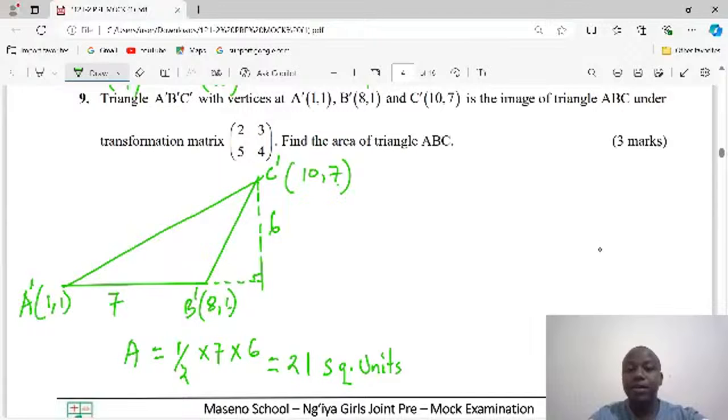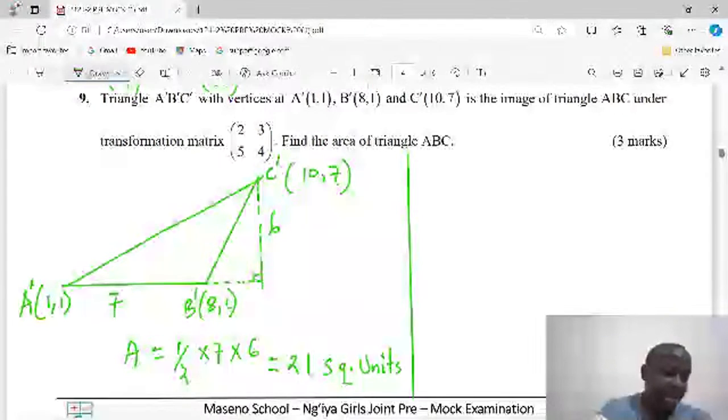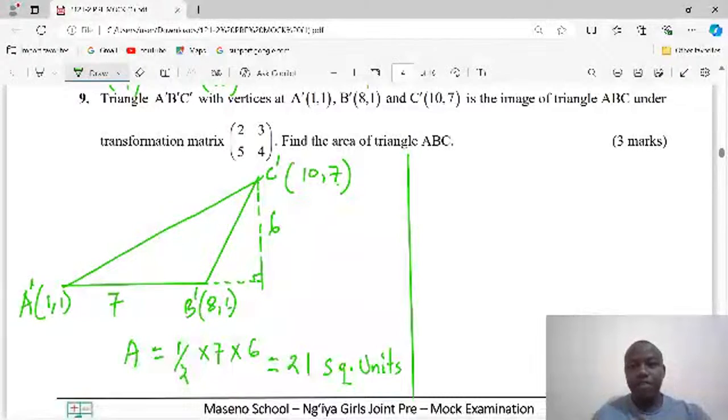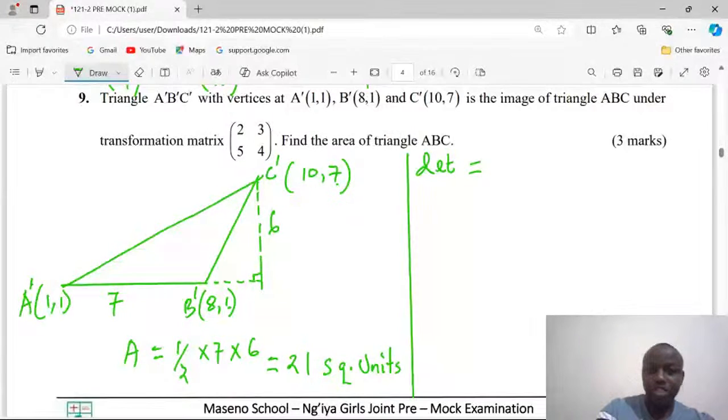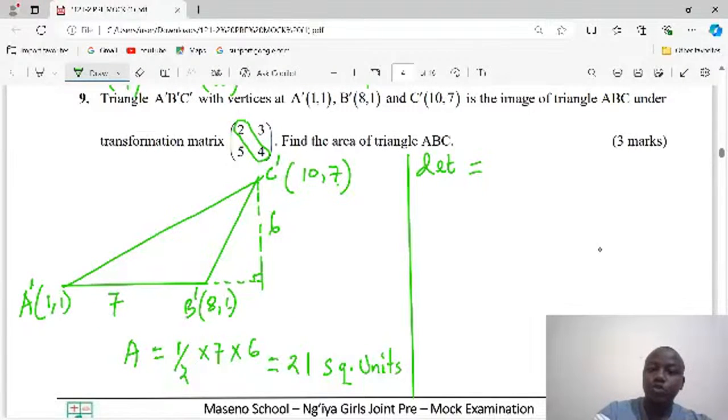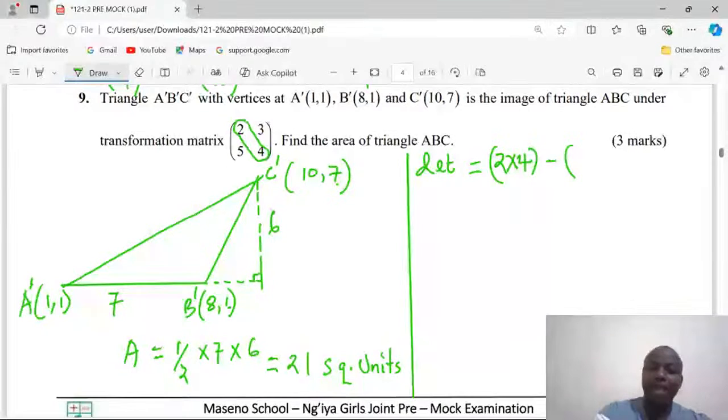The other thing which we are supposed to calculate is now the determinant for the matrix of transformation. Let's get the determinant for the matrix of transformation: the product of elements in the leading diagonal, and in the leading diagonal, I can see 2, 4, then minus the product of the other diagonal, 5 by 3.